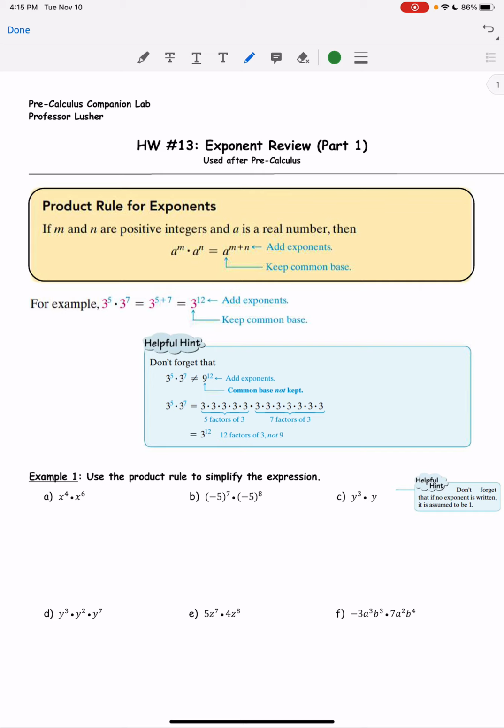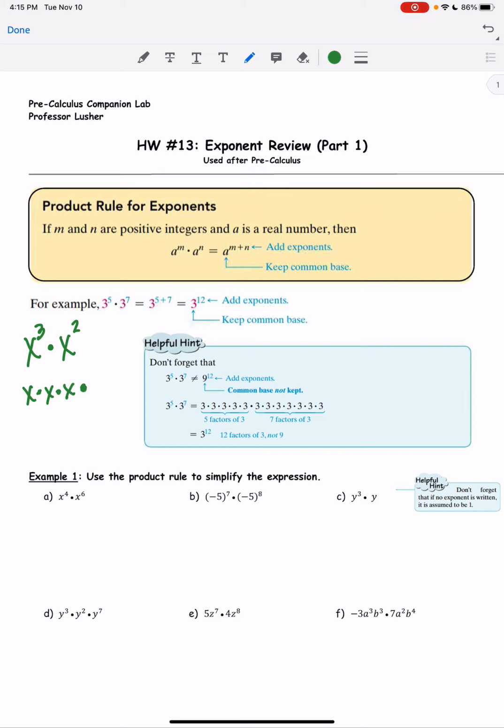Okay, and so just to kind of show you why this works, if you have something like x cubed times x squared, x cubed just means you have x times x times x, right? You've got 3 x's.